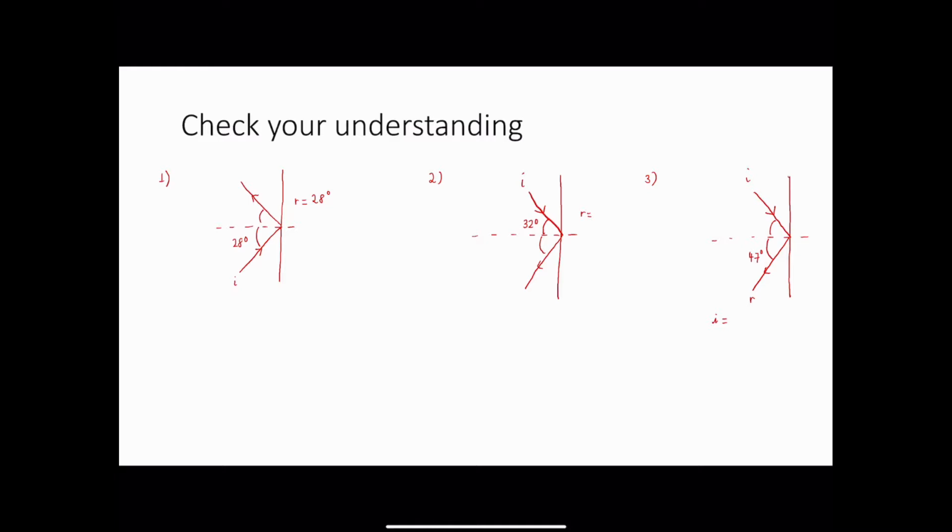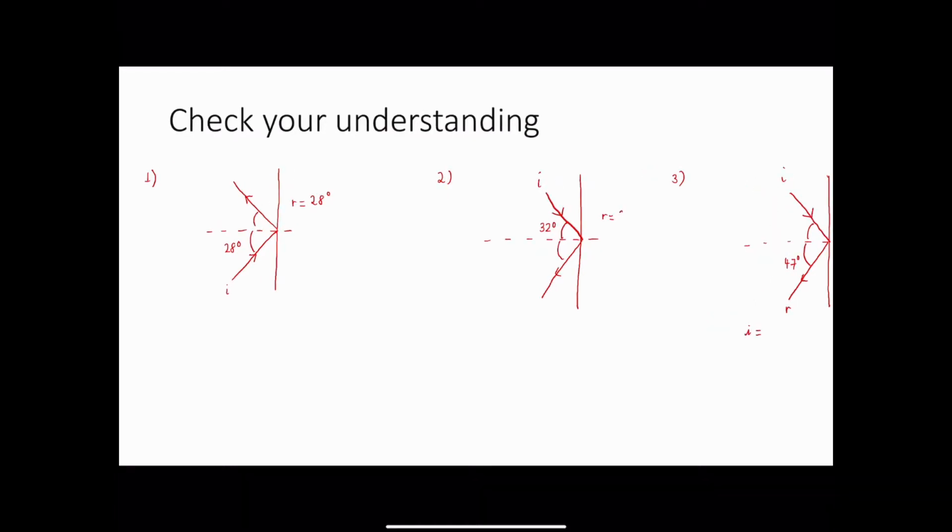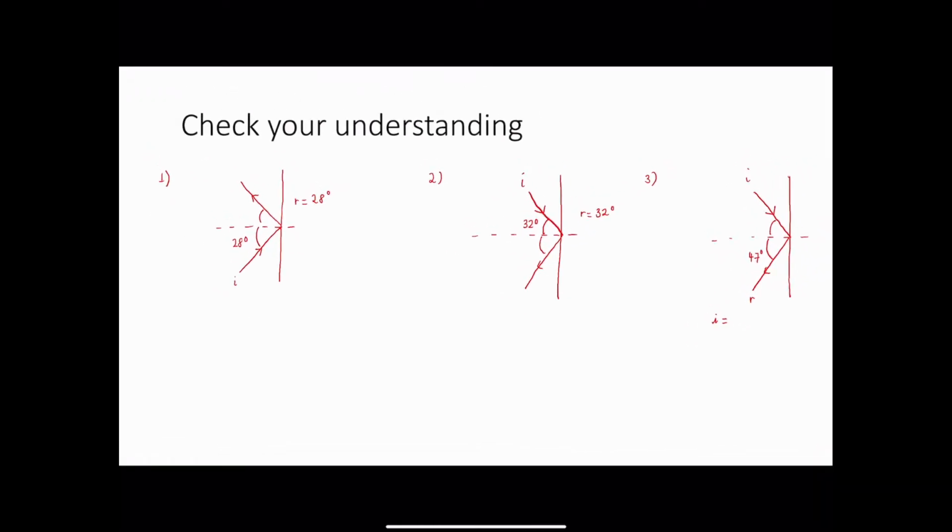Question 2, we're going to use that same knowledge once again. This time our incident angle is 32 degrees, therefore the reflected angle is also going to be 32 degrees. And then finally, question 3, our incident angle we don't know, but the reflected ray has an angle of 47 degrees, therefore the incident angle must also be 47 degrees.